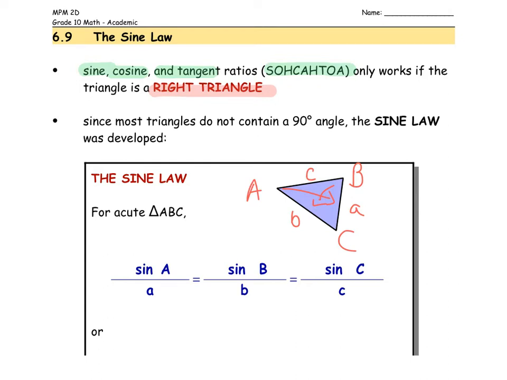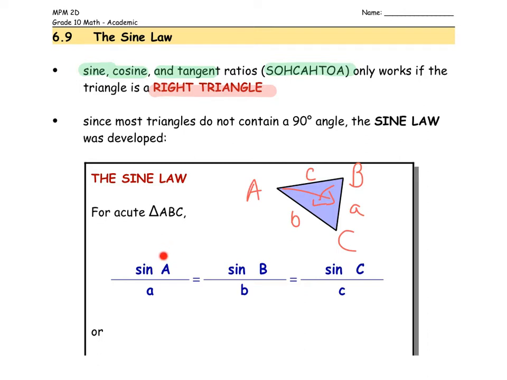Then we can translate that into a formula called the sine law, which relates the sine of a particular angle to the length of its side opposite the angle. So the sides and their angles are proportional. The sine of the angle and its side are proportional to each other.